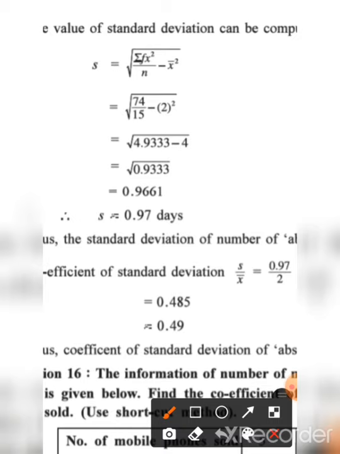So you would find the formula over here. What they have used is under root of sigma fi xi square upon n minus mean whole square. Now, children, just mark my words.